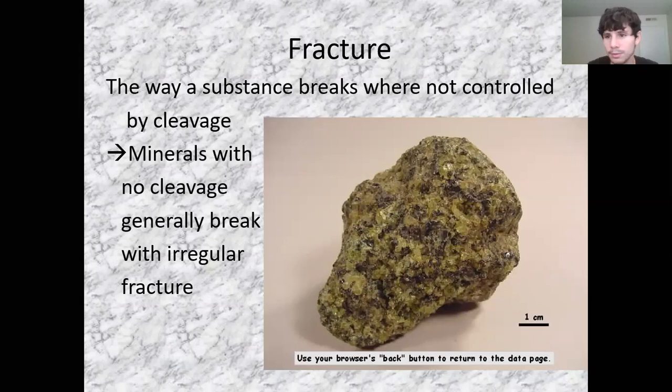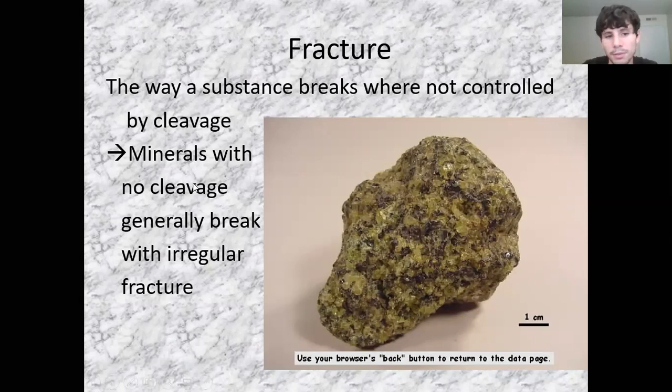You can't really count crystal faces on it, as opposed to a cube or a square. So when a mineral doesn't have those cleavage planes, it has something called fracture. Again, it's the way the mineral breaks when it doesn't have planes of weakness.